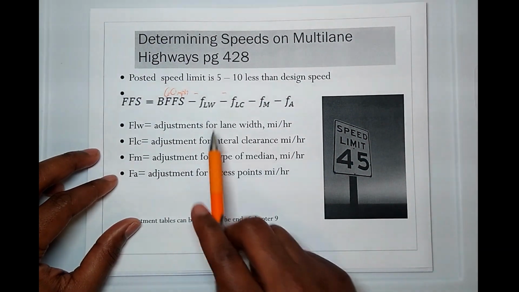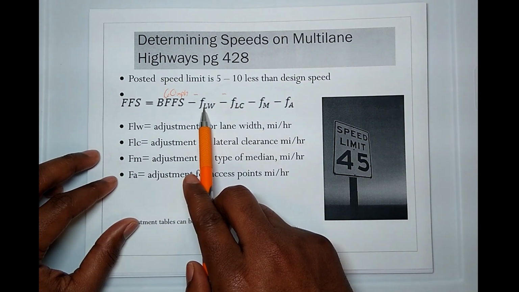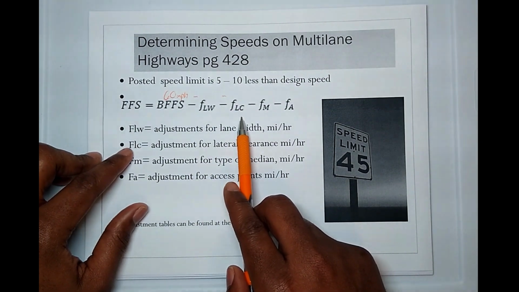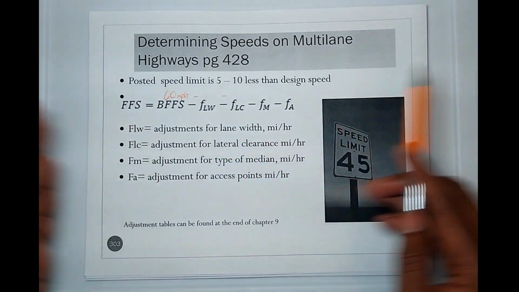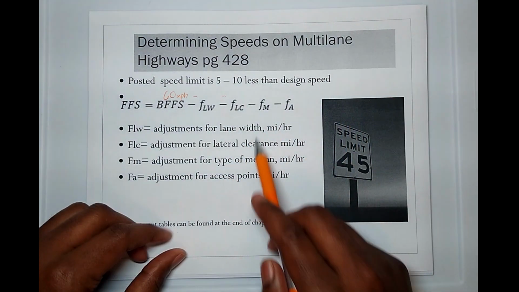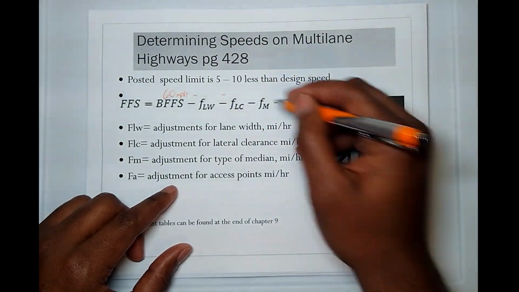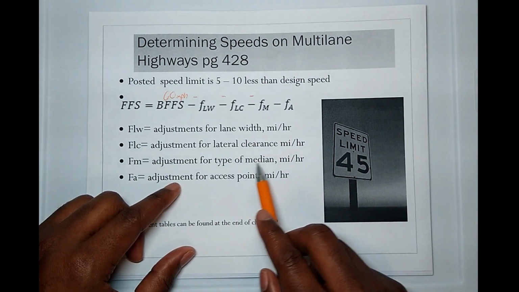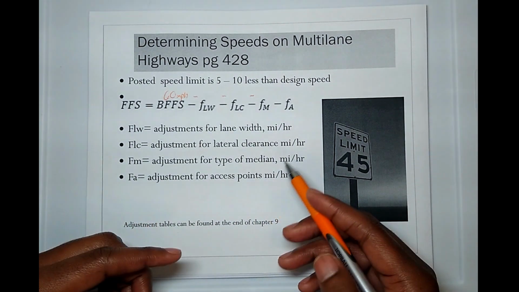So this first one here is a factor for lane width, and the second one is the factor for lateral clearance. That's clearance on both sides, left and right, of the traveled way. And then you can subtract a certain number from 60 miles per hour if the median happens to be divided or undivided.